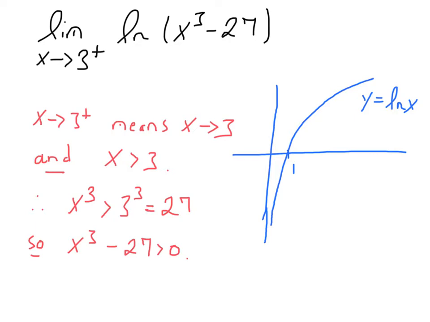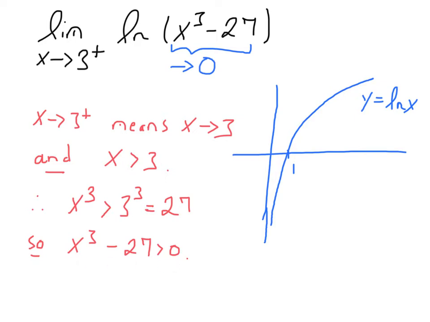Well, if we look over here, that means that this argument on the log function is tending to, well, as x tends to 3 from the right, certainly x cubed minus 27 is tending to 3 cubed minus 27, which is to say it's tending to 0. But also, for all x's that we're considering here, x cubed minus 27 is bigger than 0.